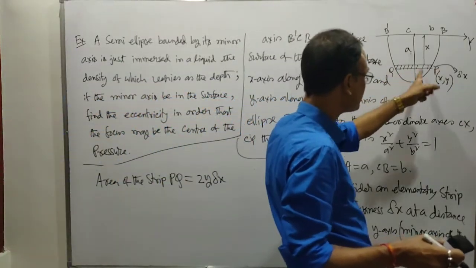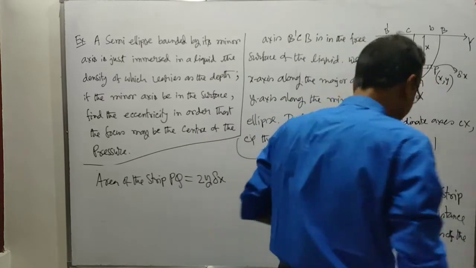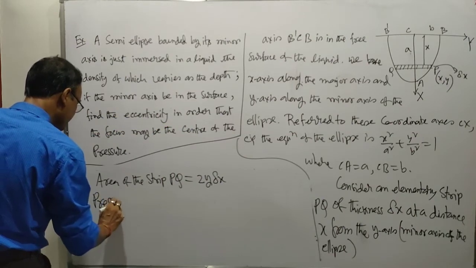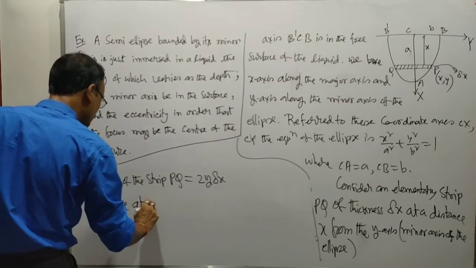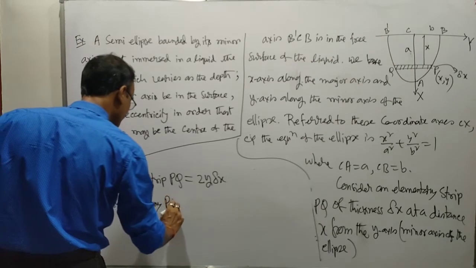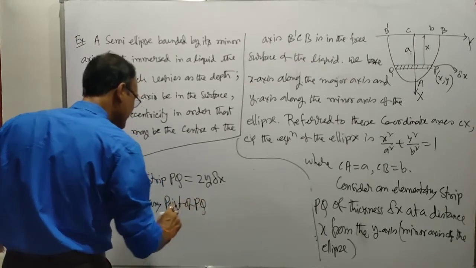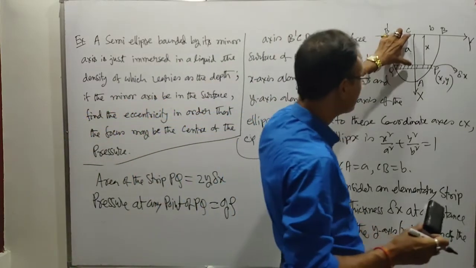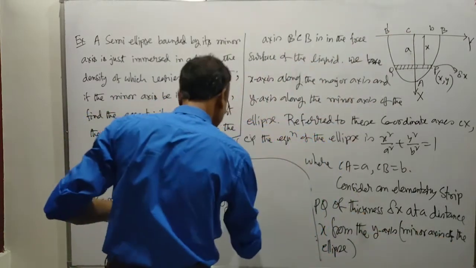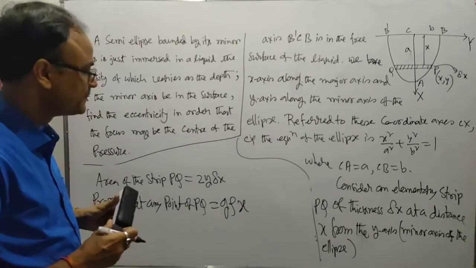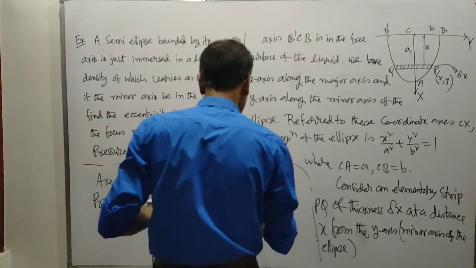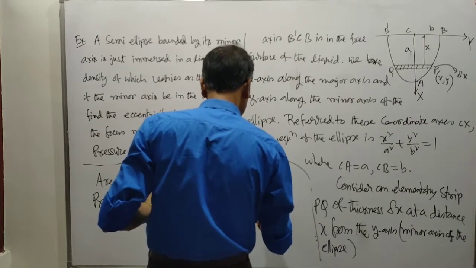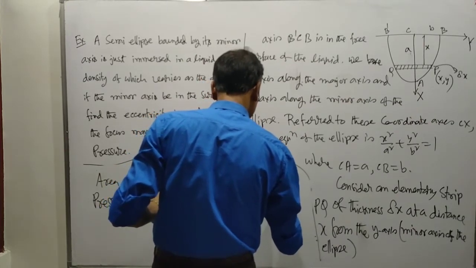Pressure at any point of PQ will be equal to rho g into this distance from the effective surface h, where rho is the density.